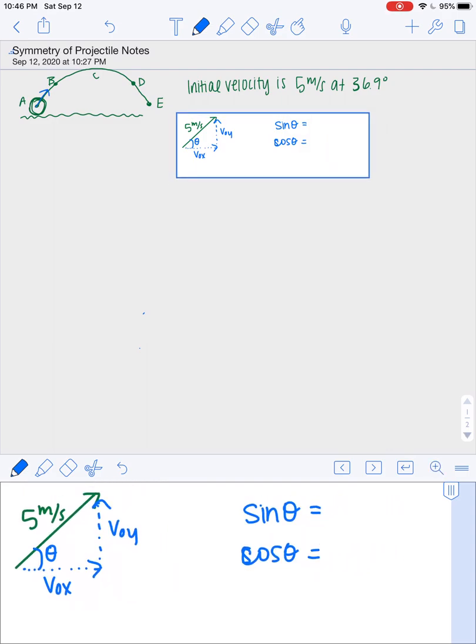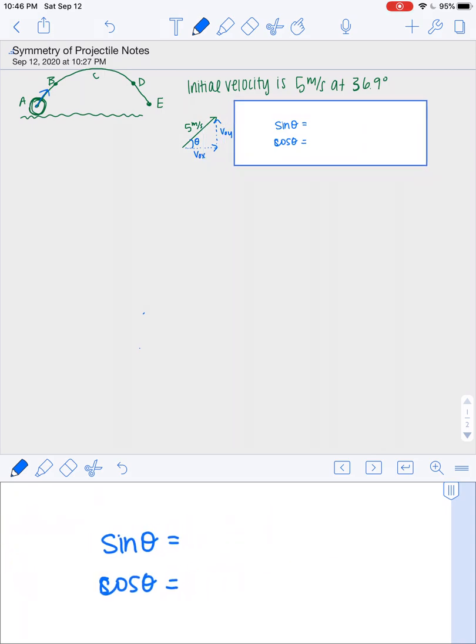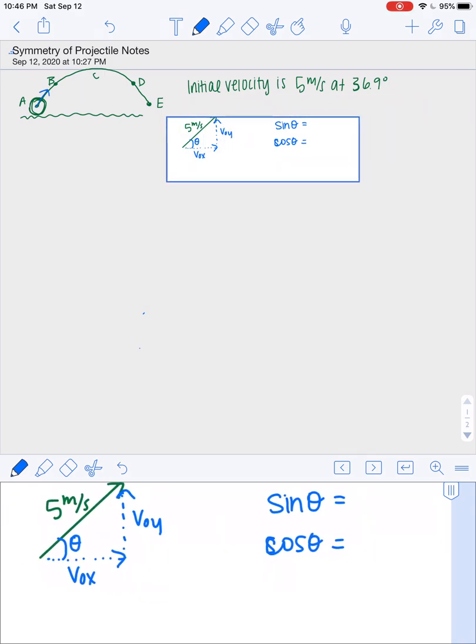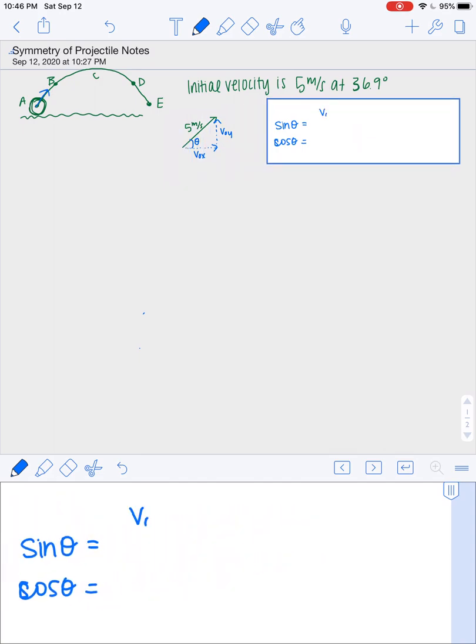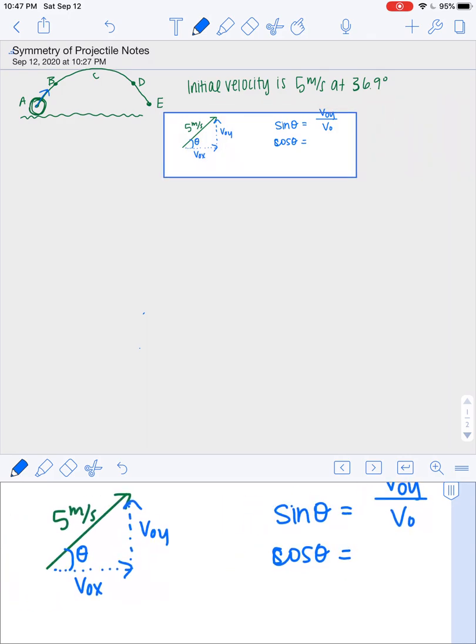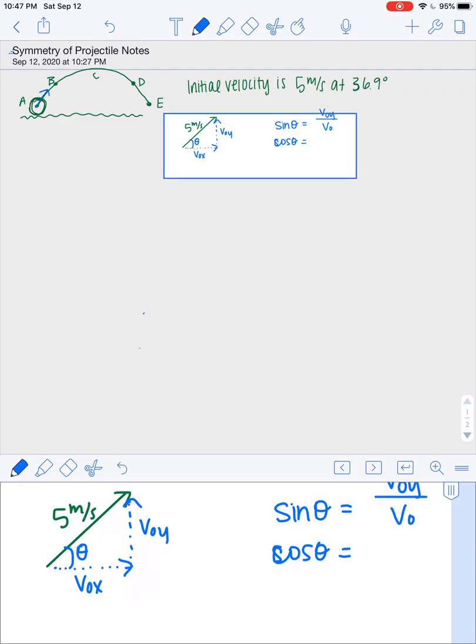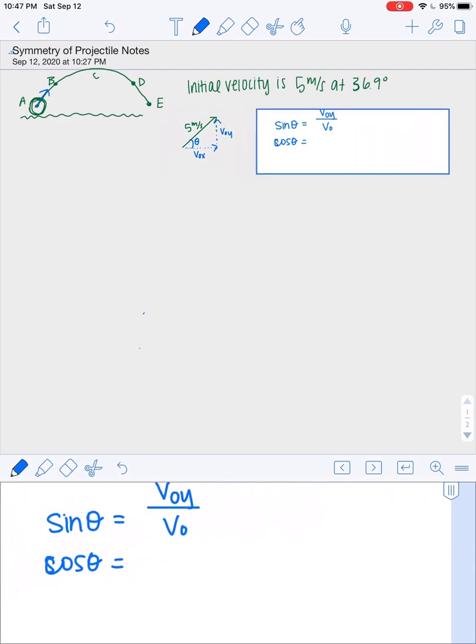So sine of theta is going to be my opposite over hypotenuse. So the opposite in this case is my initial velocity in the y direction. And then my hypotenuse is that initial velocity. And my cosine is adjacent, which is that v initial in the x direction, over the hypotenuse.